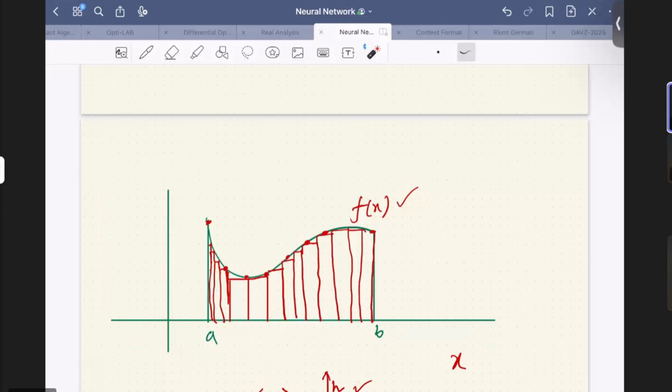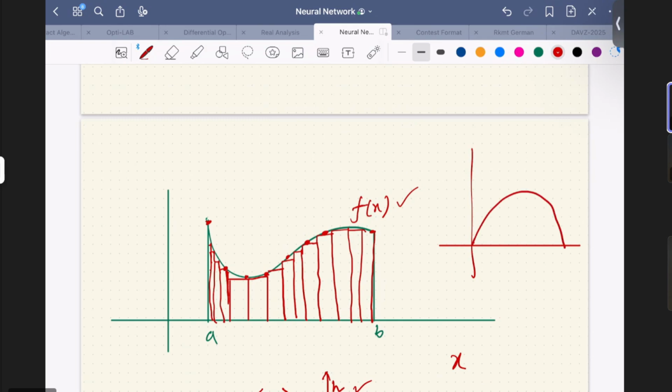Now let me focus on, suppose you take some sin x curve, or whatever function you choose. Let me choose this inverse parabola. Now I need to approximate this with 4 rectangles. Choose this one as one rectangle, this as another, this as one more, and this as another.